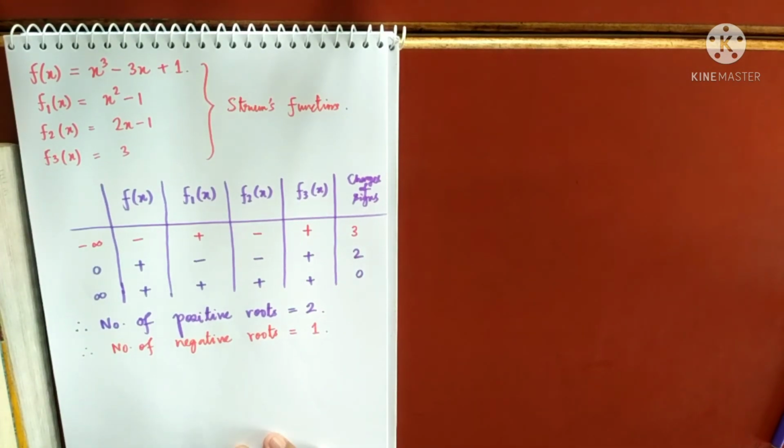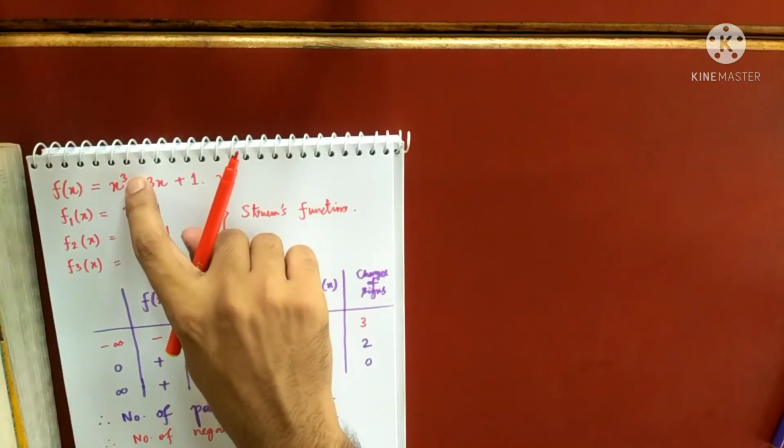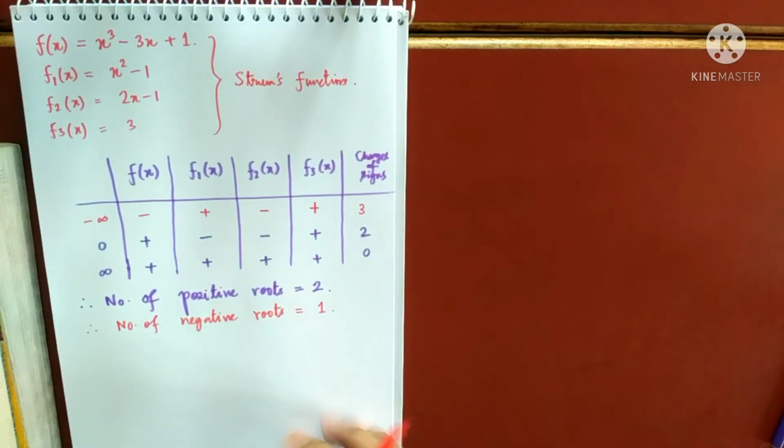That means this equation has no complex roots, because the degree of the equation is 3 and I have got 2 positive roots and 1 negative root. So all the roots are real: 3 real roots, among them 2 are positive, 1 is negative. Clear?